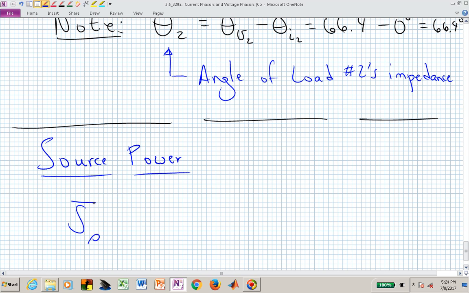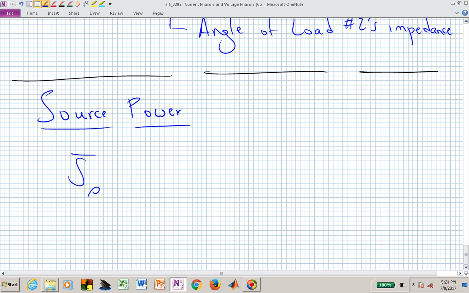Well, again, maybe we're buying time, so we say, okay, the complex power formula for the source is going to be the voltage of the source, phasor, times the conjugate of the current phasor of that source. And we know that.